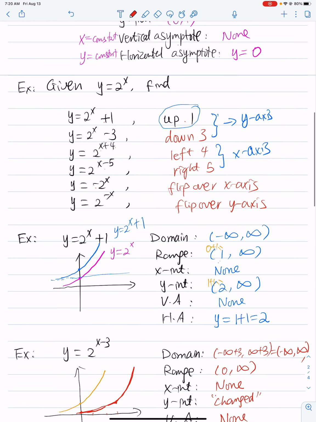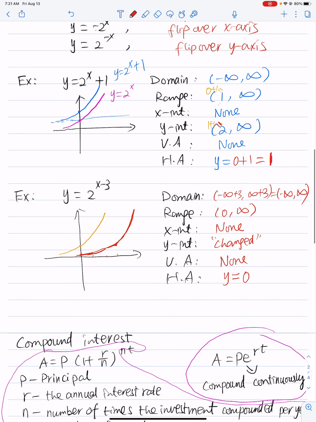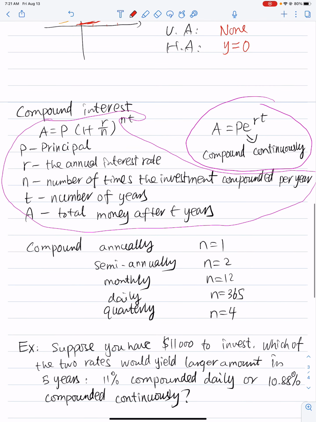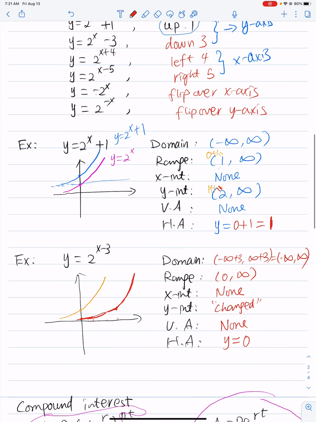Oh, sorry, I made a mistake. So here, it should be 0 plus 1, because it used to be 0 plus 1, which is 1. Sorry, it's not 1 plus 1, it's equal to 2. Okay, perfect. So these are the pictures of the exponential functions.